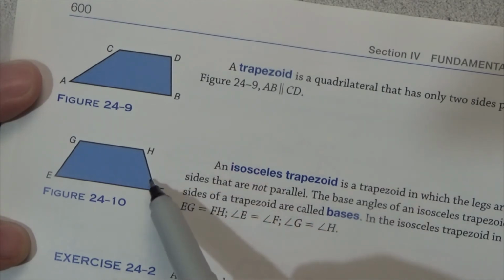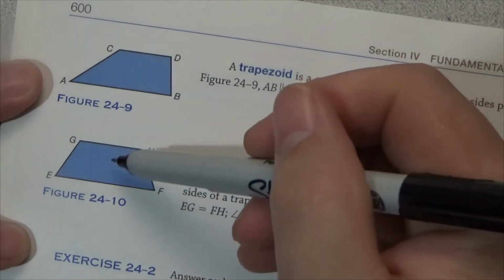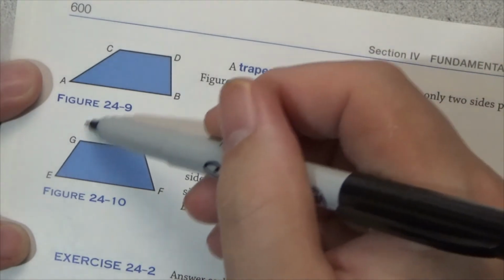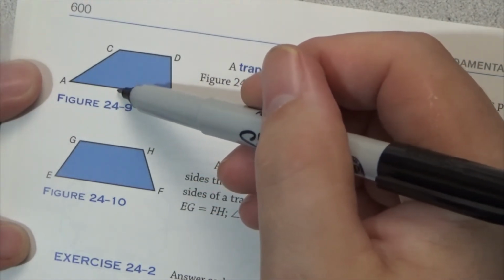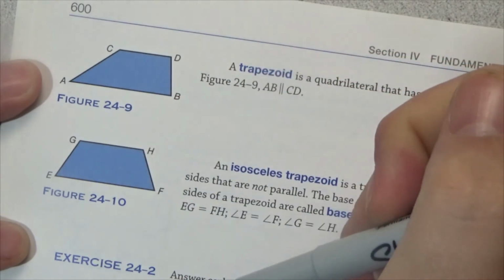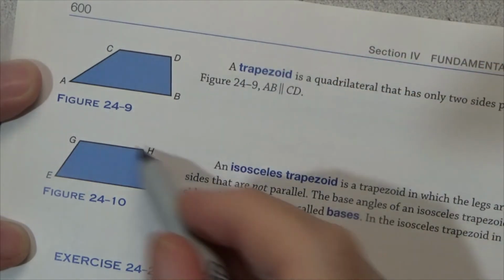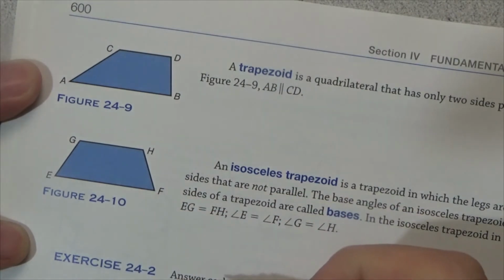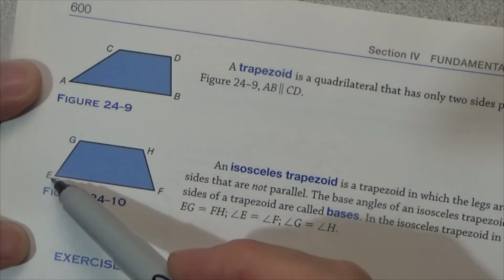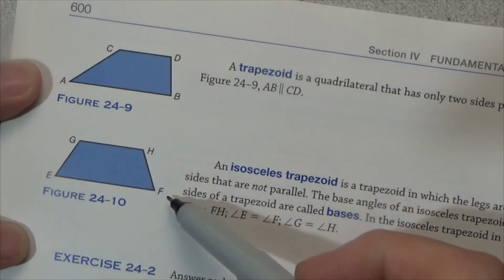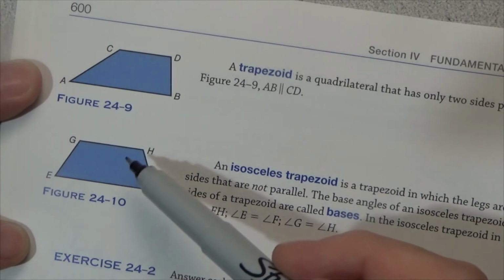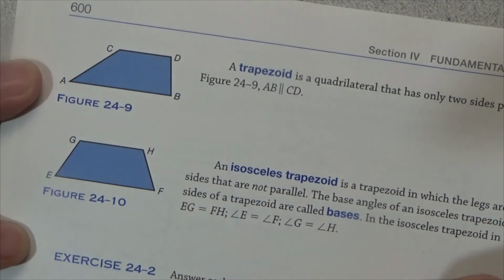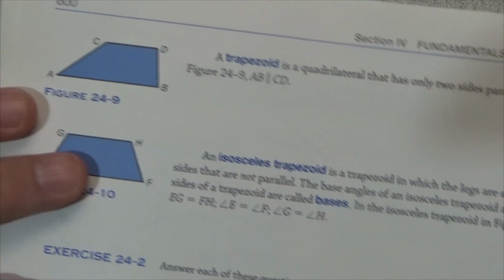So if you could imagine extending both of these lines up until they meet somewhere, looks like it might be up in there, that would form an isosceles triangle. So you cut the top off it and you got an isosceles trapezoid. So this side right here is equal to that side right there. And this base is parallel to that base right there. All right?